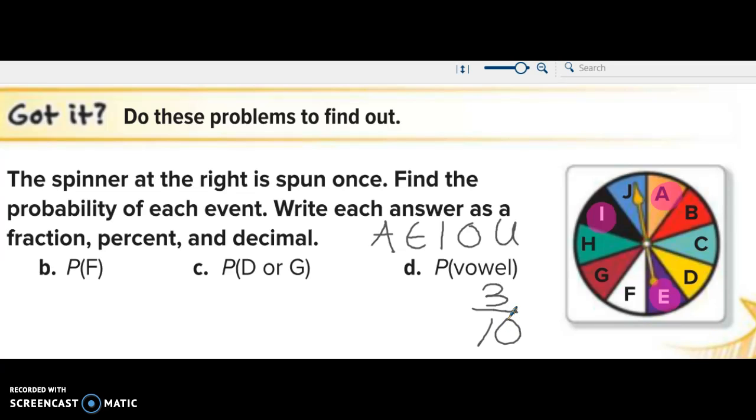I can't reduce 3/10, so that's my answer as a fraction. To write it as a decimal, I put 0.3, and then I move my decimal twice, and I get 30%. So those are my 3 answers for Got It D.